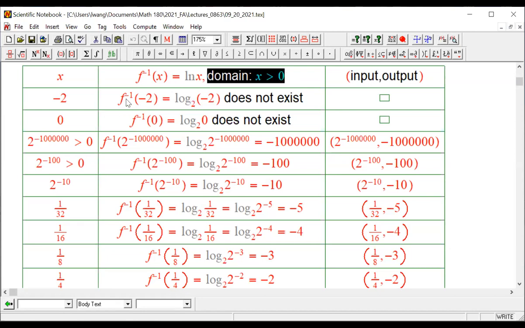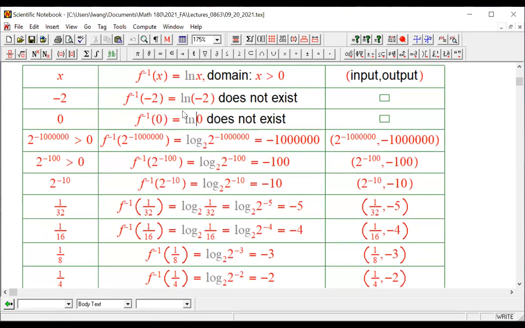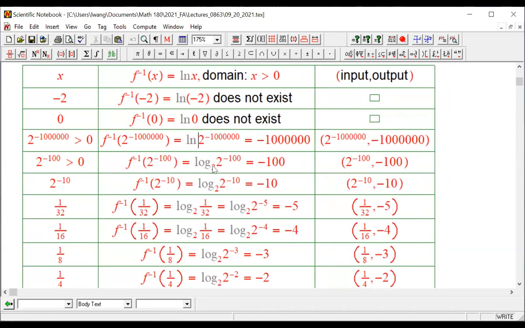So everything that was base 2 is going to be ln. It's going to be natural log. Everything here is going to be ln. You guys follow me?